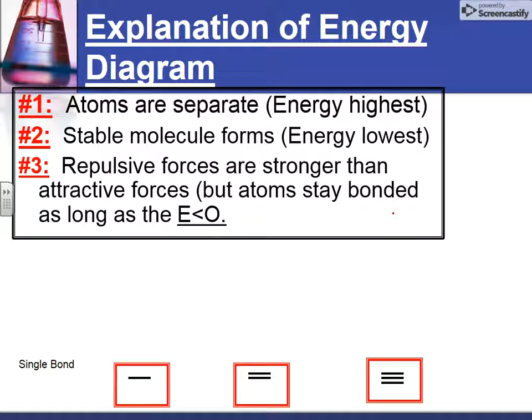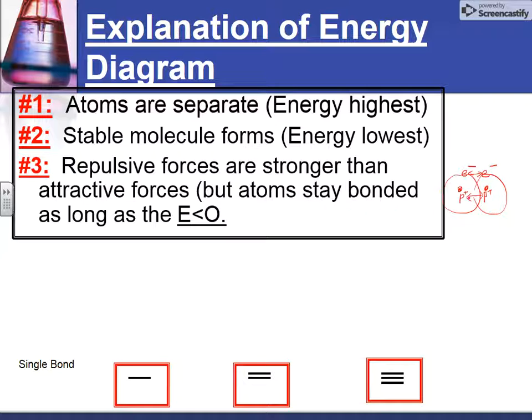When we say repulsive forces, we're talking about the forces between the two nuclei, where you have your protons in the nucleus, and then of course your electrons in your electron cloud. The repulsive forces would be if the nuclei get too close together, there will be a proton-proton repulsive force because like charges repel. And if the electrons get too close, there'd be an electron-electron repulsive force.